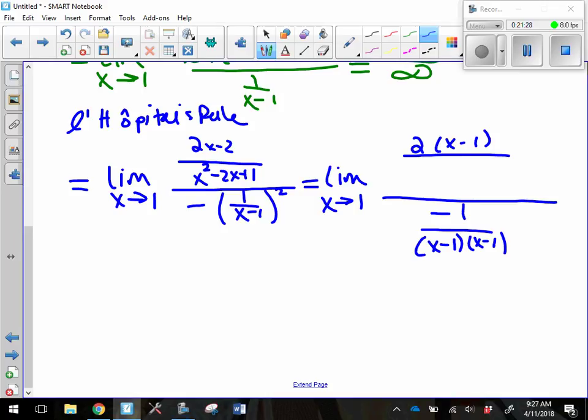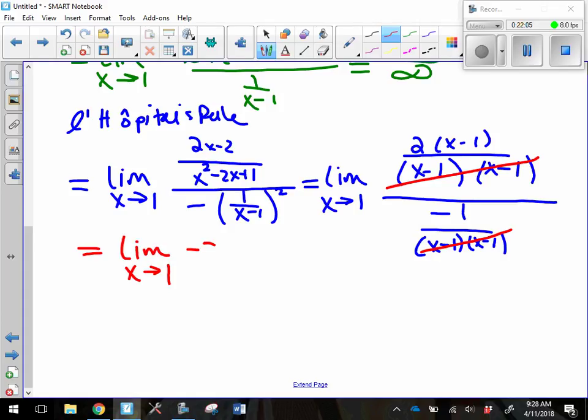And then what do you know about that polynomial? It is factorable. And what is it factorable into? Right, which means that this cancels with that, because they're both in the denominator of their complex fraction. Which leaves me with the limit as x goes to 1 of negative 2 times x minus 1.